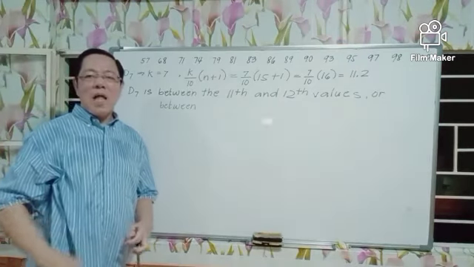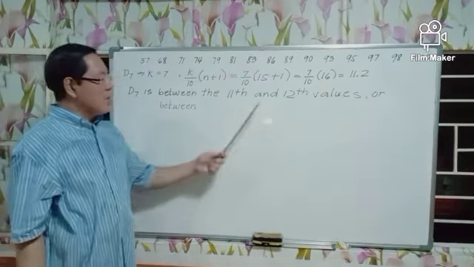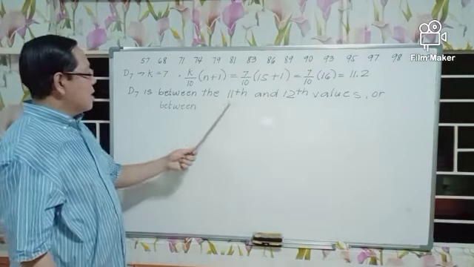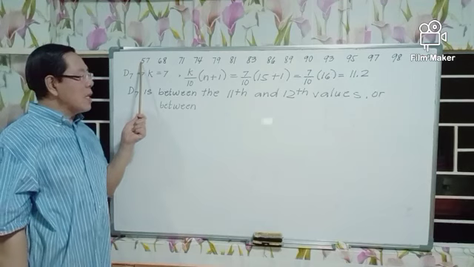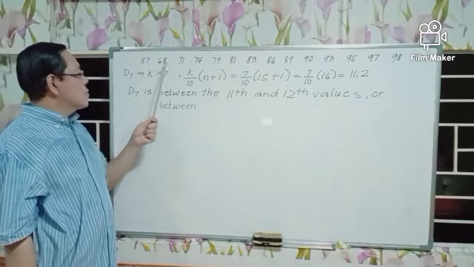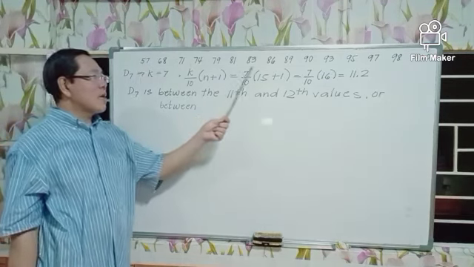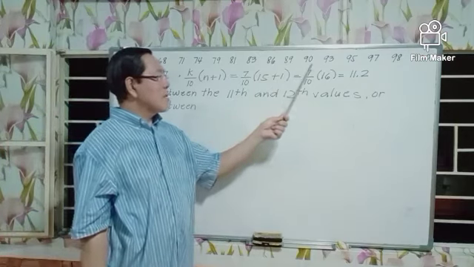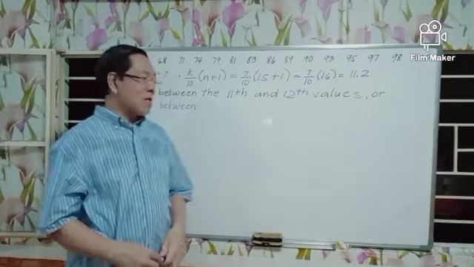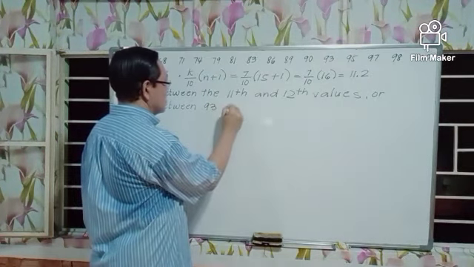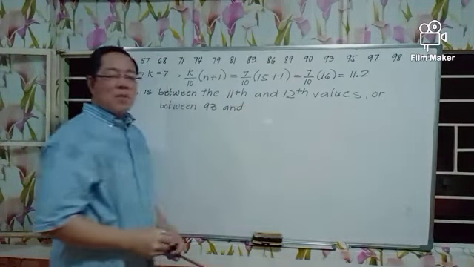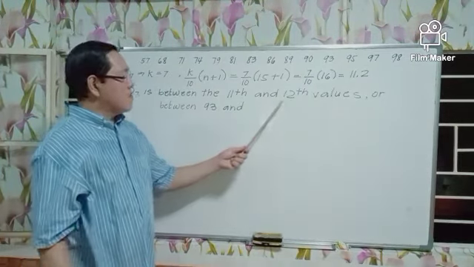Now we find the 11th and the 12th values. From the lowest value in this ascending order of values, we count 11: 1, 2, 3, 4, 5, 6, 7, 8, 9, 10, 11, 93. And we also find the 12th value.